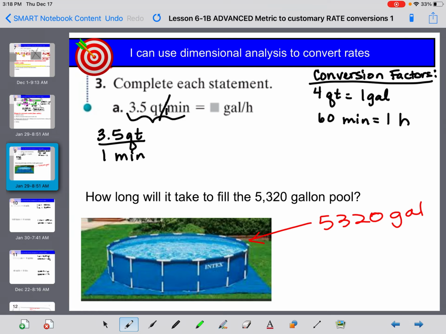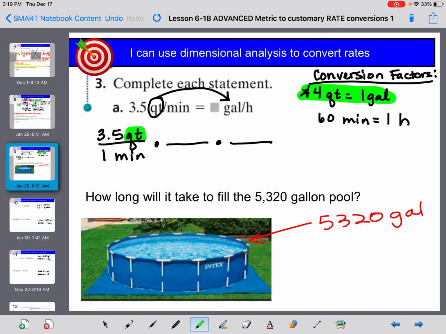Notice that this divide bar is where I put the division sign. Okay. Then the next step is to multiply by a conversion factor. One conversion factor for each rate you need to change. So let's start here. I need to go from quarts to gallons. So I'm going to go here and use this conversion factor, 4 quarts in 1 gallon. I see that quarts is right here in the numerator.